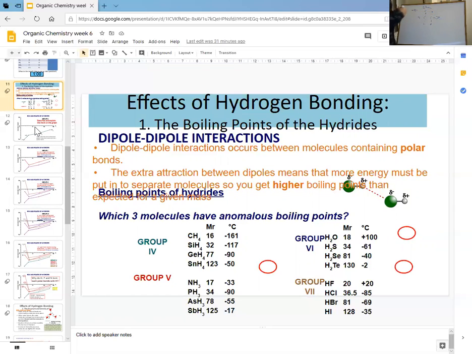And what do we see here? We see oxygen bound to hydrogen. Now, the boiling point of ethanol is 76 degrees Celsius. All we've done is made it an OH on the end, or hydroxide group.